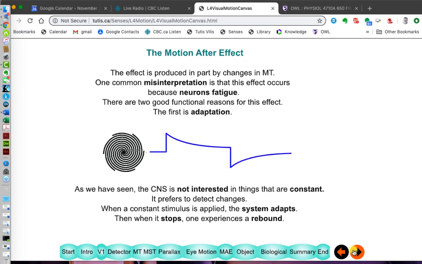You're not interested in the pressure of your clothes or being notified what that is, only when you want to feel them that you have that sensation. So the system adapts, and then it rebounds afterwards.